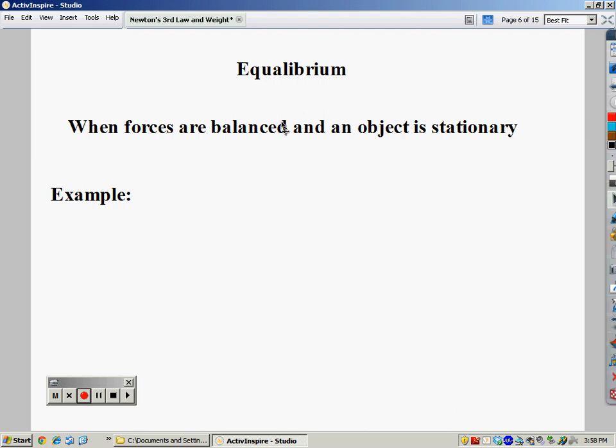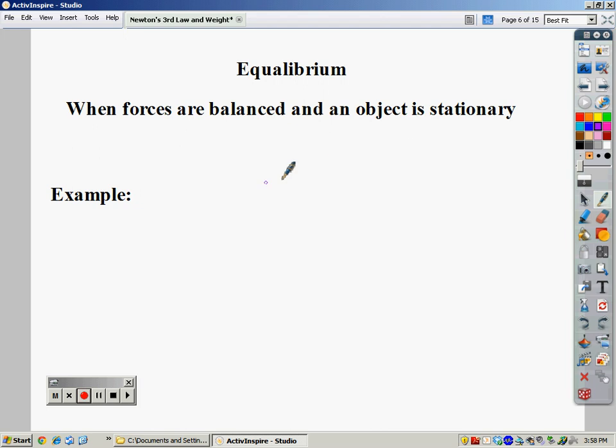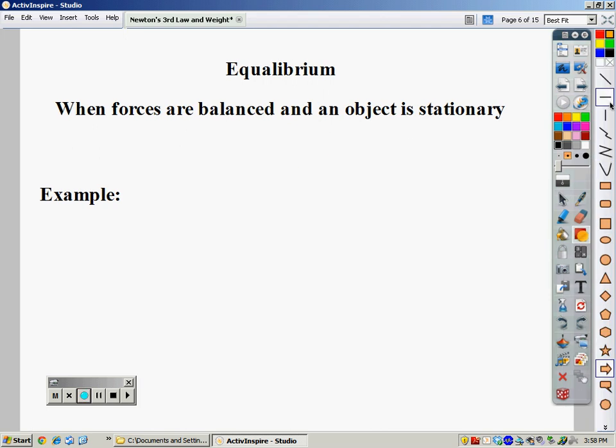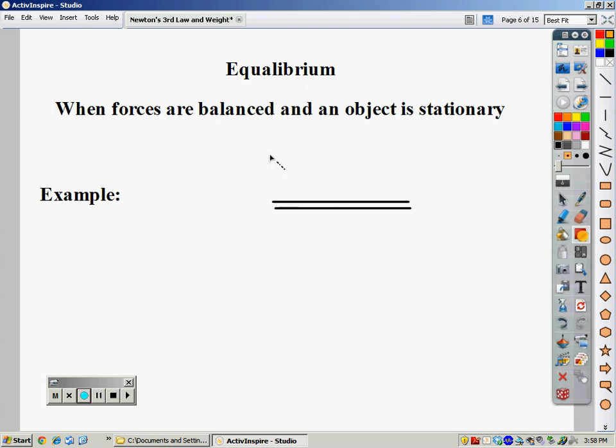Next thing, equilibrium. Here's your definition. When forces are balanced and an object is stationary. So let's do this example. Okay, we've got a bar. Write the definition and then draw this example. We have got some rope.